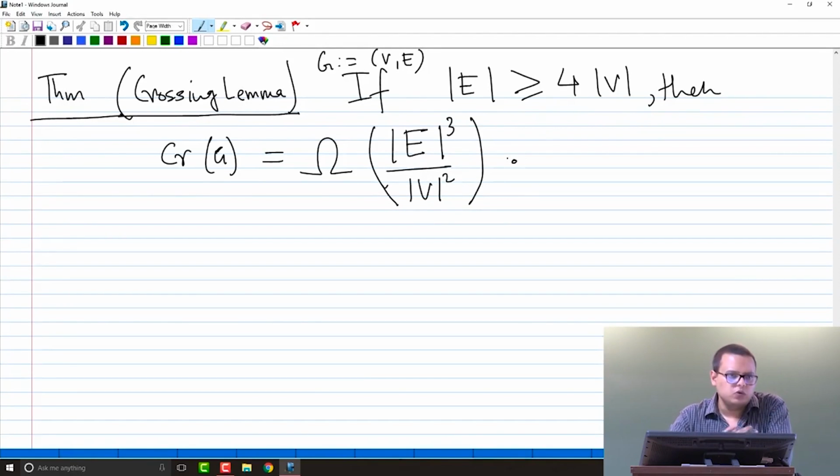See, if you use results from just the planarity result for graphs or Euler's formula on the plane or stuff like that, you can never get a nonlinear bound like this.